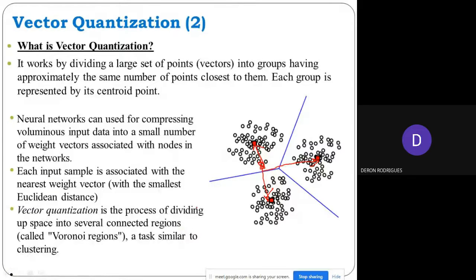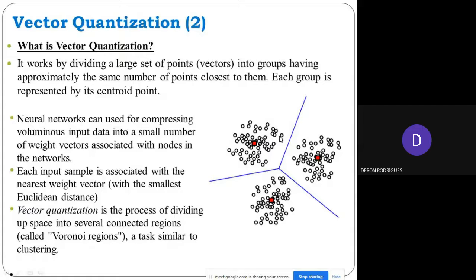Now, vector quantization, I can say, is a process of dividing up the space into several connected regions, and these regions are called Voronoi regions. So you can see here, this is the pattern space, which is divided into three regions. This is one region, this is the other region, this is the third region, and all are connected regions.